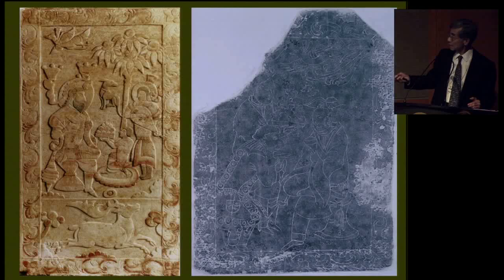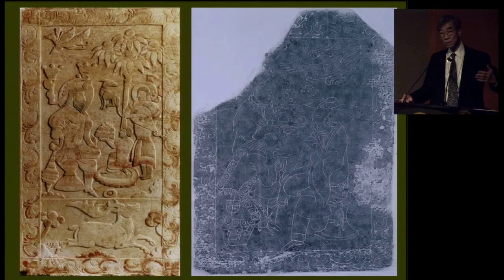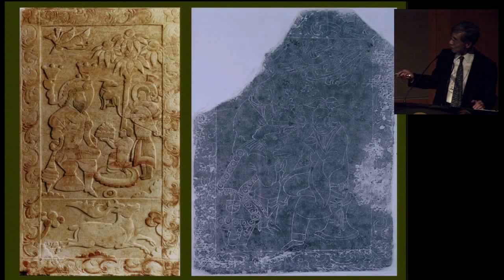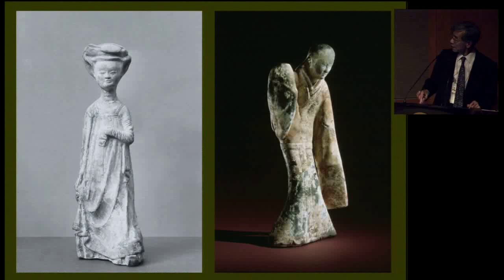So these reliefs are somewhat like the Achaemenid stone reliefs, but in China, the emphasis is always on the line, and so this version, this picture, transmitted from Central Asia, then becomes transformed into a Chinese picture with very, very fine, elegant, incised lines.